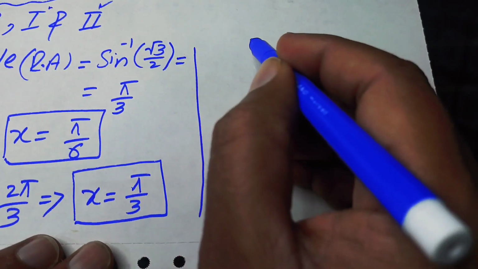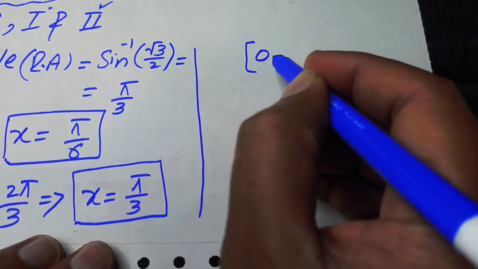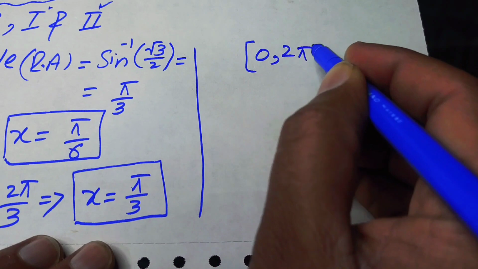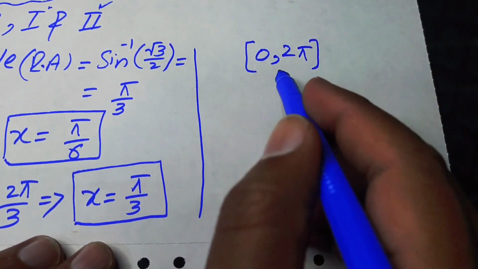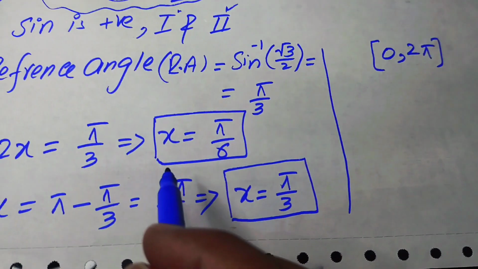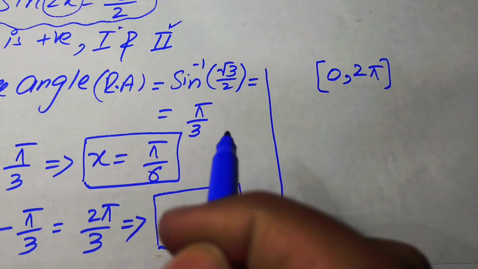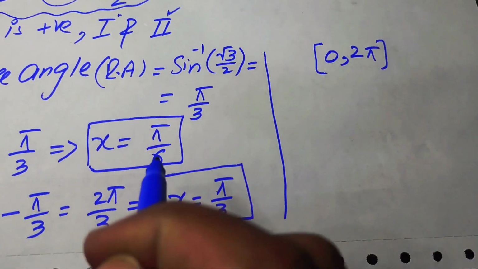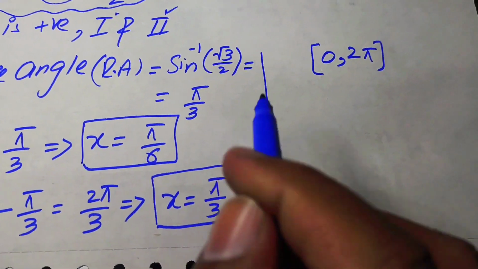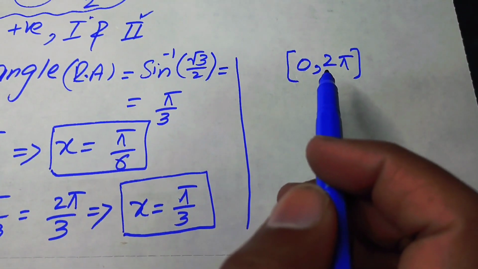Okay, because the period of sine is 2 pi, the solutions must lie in this interval. And here we will get the two solutions, x equal to pi by 6 and pi by 3, and we can clearly see that both of the values of x lie in this interval.